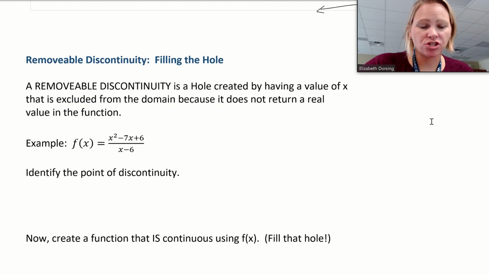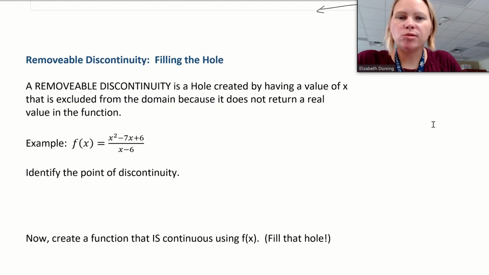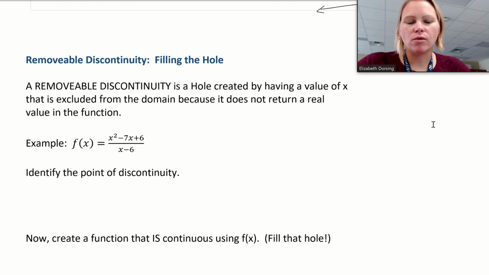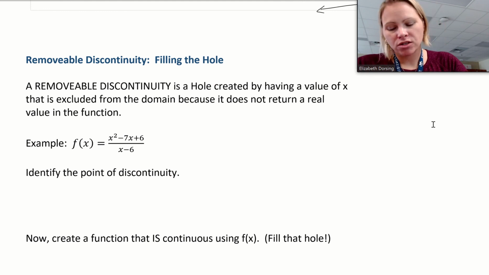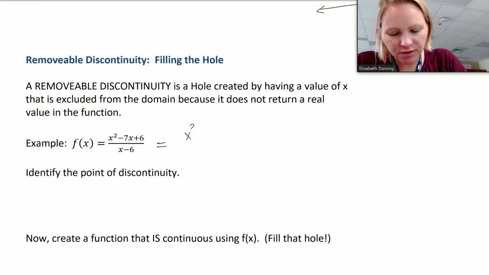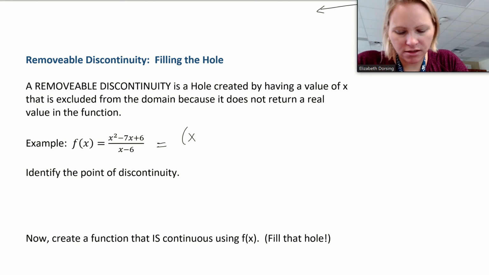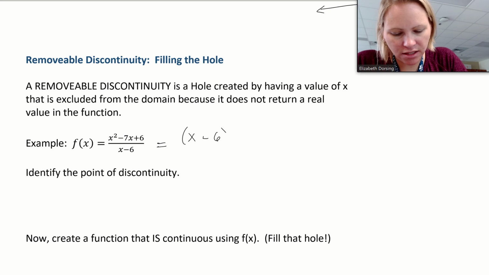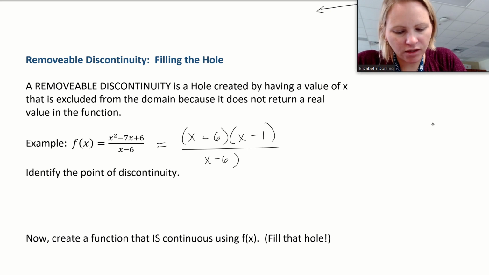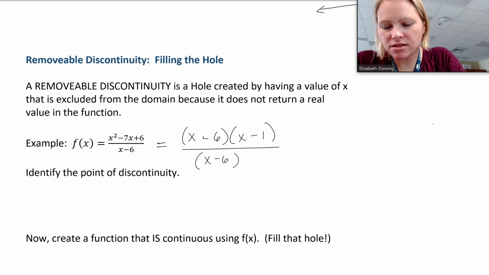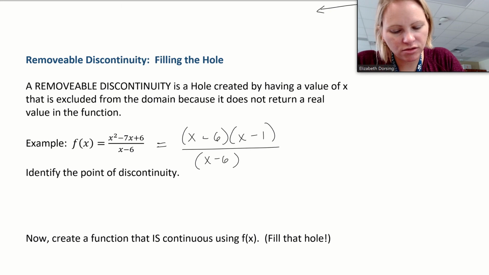When we do have a function that has a discontinuity, what do we do with it? Well, usually removable discontinuities are going to be what we call a hole in the function. So here, for example, if I factor this into x minus 6, x minus 1, we can see that because these factors cancel, these two are going to go away.